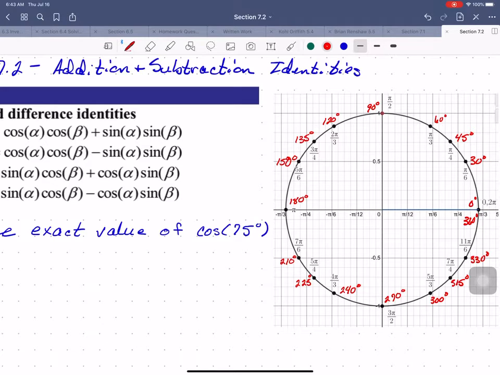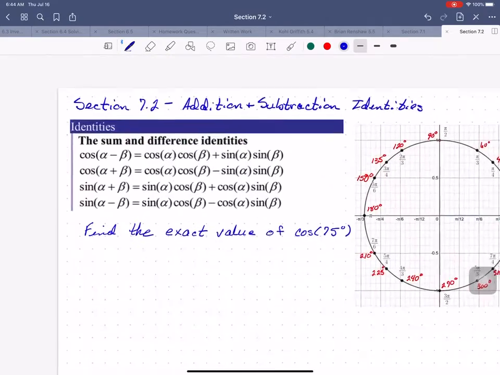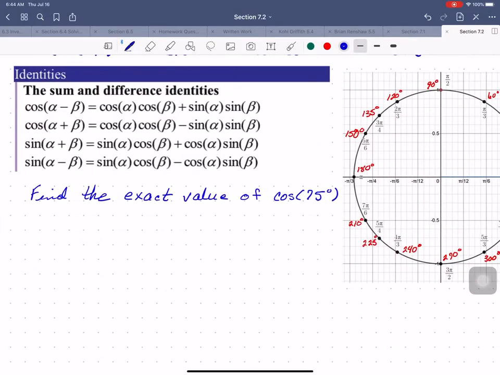There might be others, but the one that I'm seeing most easily is that 30 degrees plus 45 degrees equals 75 degrees. So that means that I can rewrite the cosine of 75 degrees as the cosine of 30 degrees plus 45 degrees.